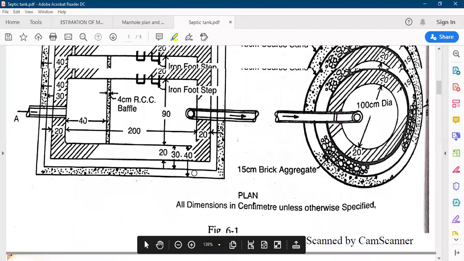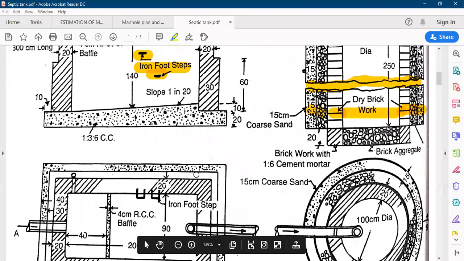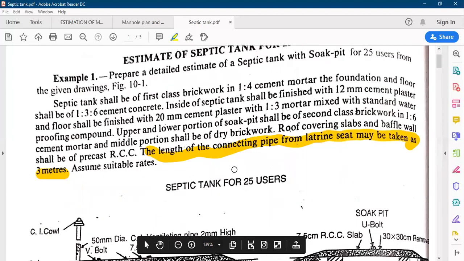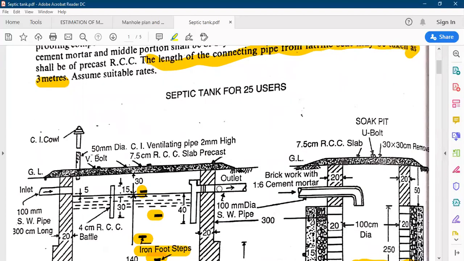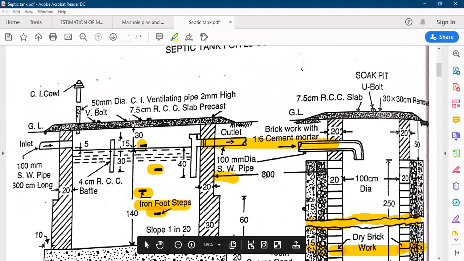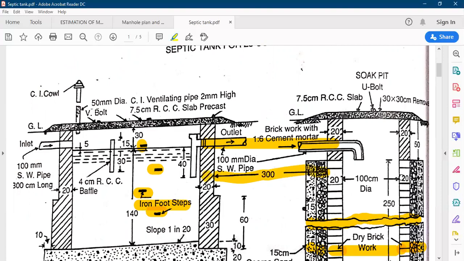And similarly, the pipe which is connecting from the septic tank to the soak pit is also 3.3 meters. Here the clear distance is 300 centimeters, that is 3 meters, plus 15 centimeters on this side and 15 centimeters on this side, so the total is 3.3 meters.